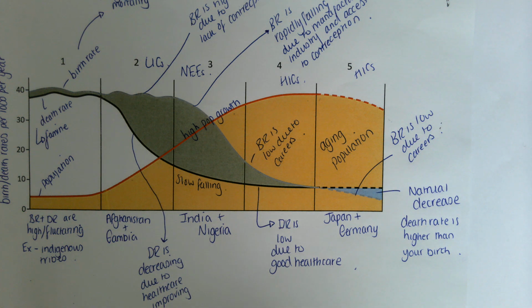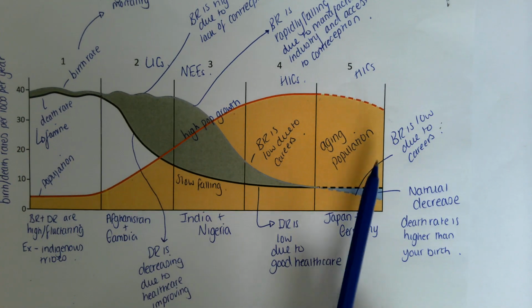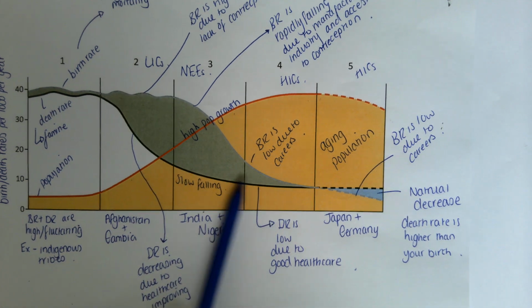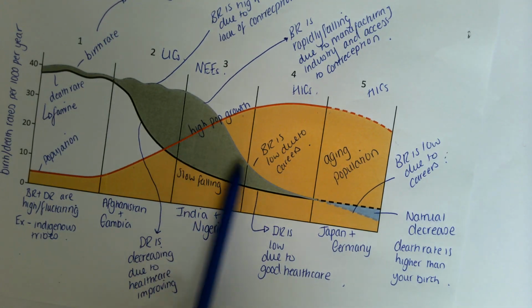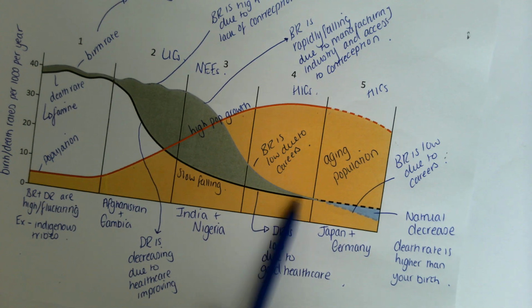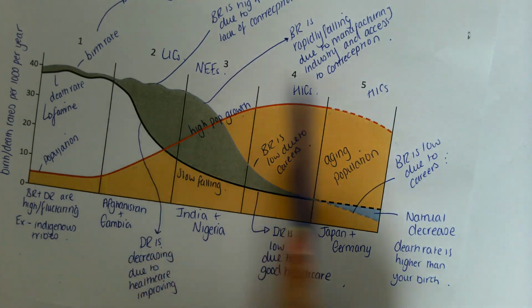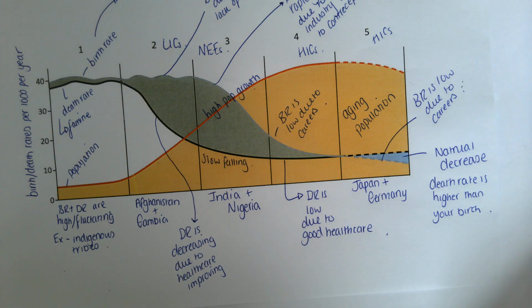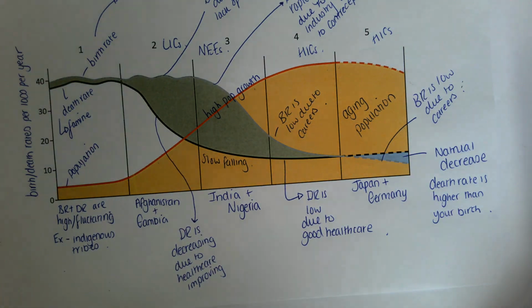You need to be able to understand why certain countries are in certain stages. We need to make sure we understand what's happening and can describe the graph in terms of what's happening to your birth rate and your death rate, but also the population. Understanding that natural increase and natural decrease play a part, and the reasons why. So thinking about what's it like in an NEE, what's it like in a HIC, what's it like in an LIC.